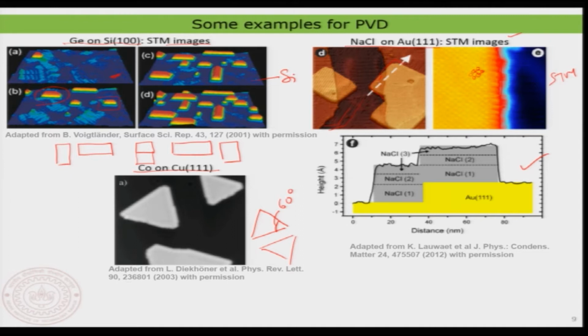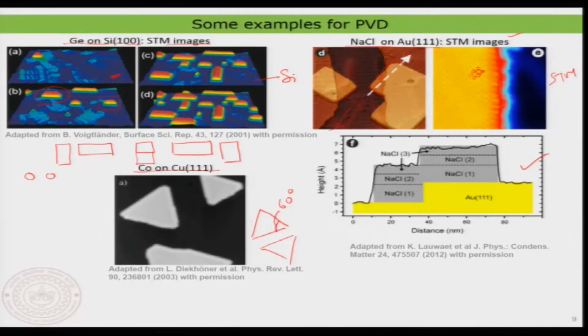Now, the question here is what is actually controlling, or why do we see these different types of islands, or why do we see this particular shape of the islands. Now, look back at the symmetry of the silicon 100 surface. As we recollect, the silicon 100 surface is a 4-fold symmetric surface.